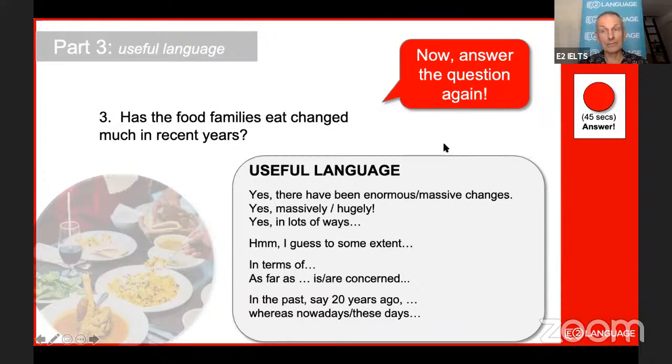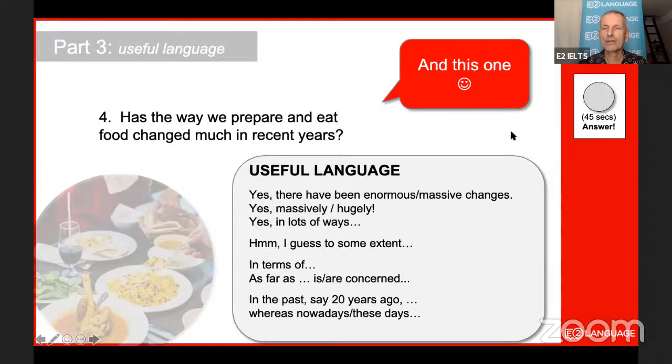All right, getting even better. Are you really impressed with how well you're doing? Let's do one more just to make sure that you really are getting better. Has the way we prepare and eat food changed much in recent years, do you think? Okay, off you go.